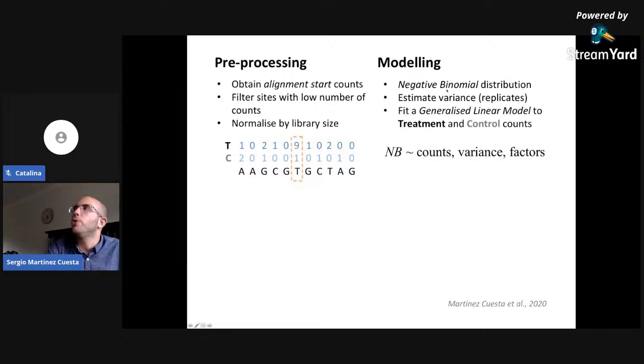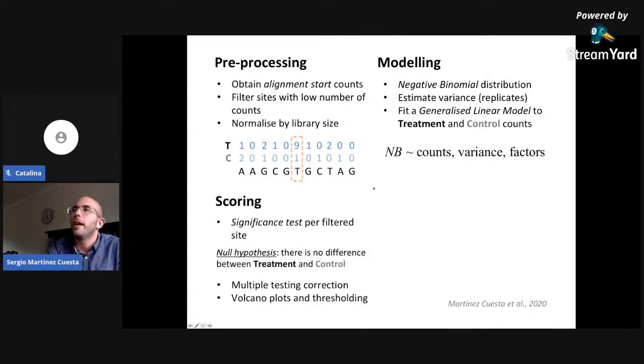So briefly, you fit a negative binomial distribution to the count data, and you use it for estimating the variance. And then you do that in the form of a GLM, a generalized linear model, with the treatment and the control counts.